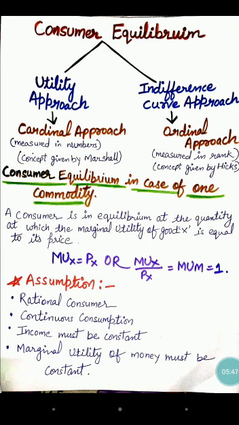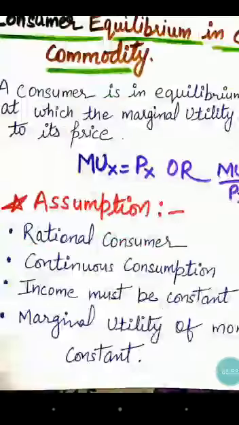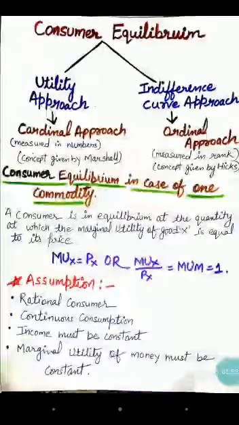Now we have some assumptions. Number one, rational consumer; continuous consumption; income must be constant; marginal utility of money must be constant. If we are saying rational consumer, who is a rational consumer?